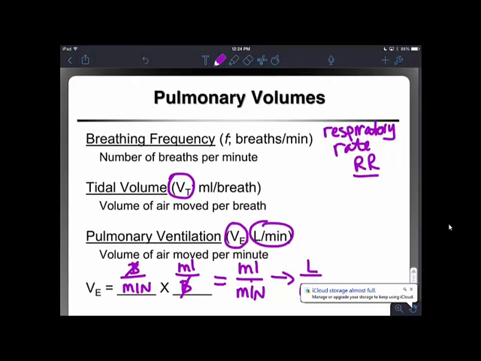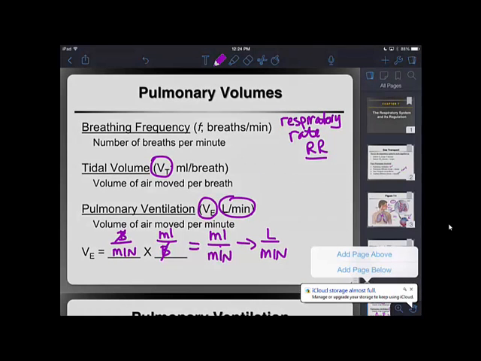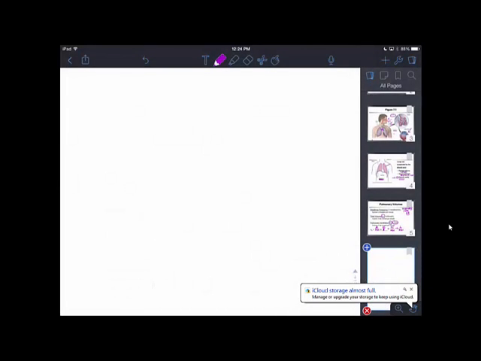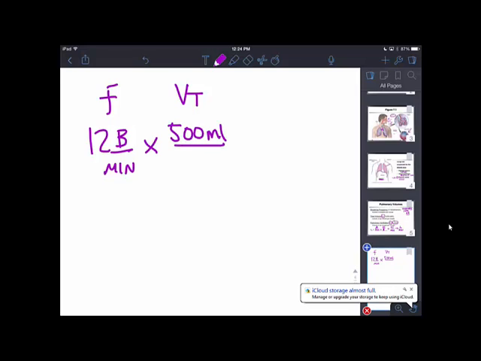Okay, let me show you an example of that. So typical values would be 12 breaths per minute. That's a normal breathing frequency at rest. And if you multiply that by a normal tidal volume, which is about 500 milliliters that we take in with each breath, you do the math and you end up with 6,000 milliliters per minute.